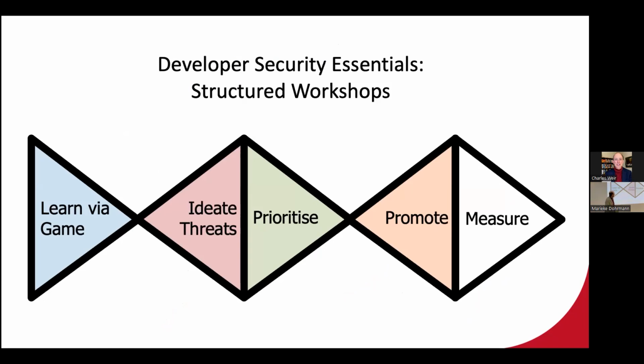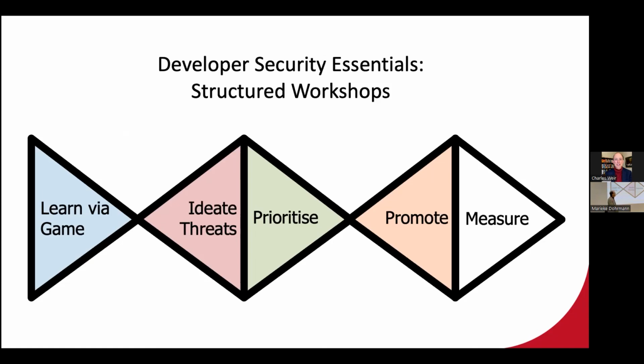And when I look back at it, I realize it's the classic double diamond structure for any set of workshops. So you do a bit of learning, you do a bit of ideation to generate a whole load of threats, you prioritize those threats by risk assessment, you then promote, to find good reasons to do it, and you collect the various things you must do.